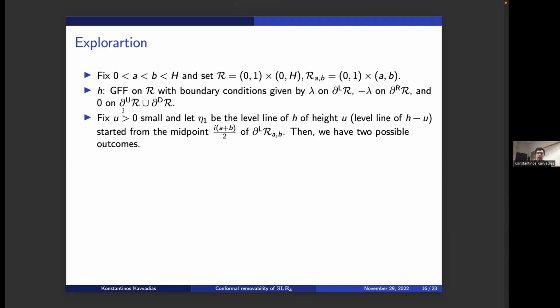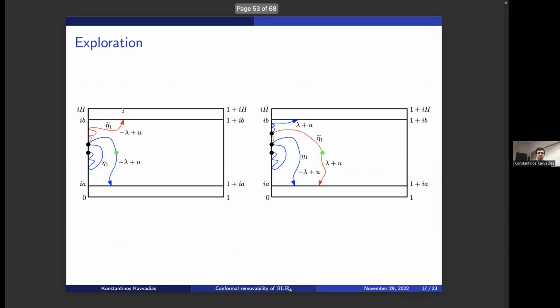So let me describe it in pictures better. This is the picture. First, we start with the picture on the left-hand side. Here we fix u to be very, very small, but fixed. And we consider the midpoint of the left side of our rectangle, and we start this blue curve, this curve eta_1. This curve will be the level line of height u of the field h.